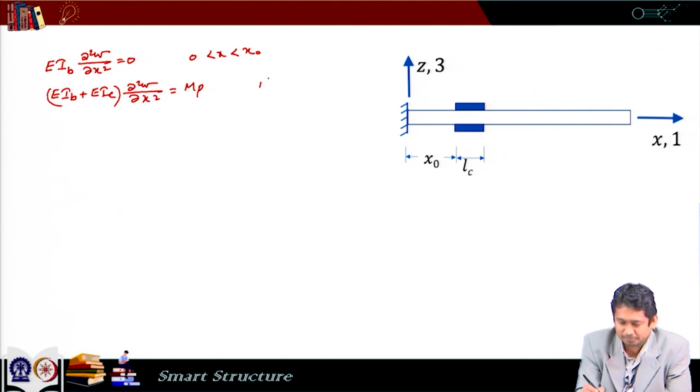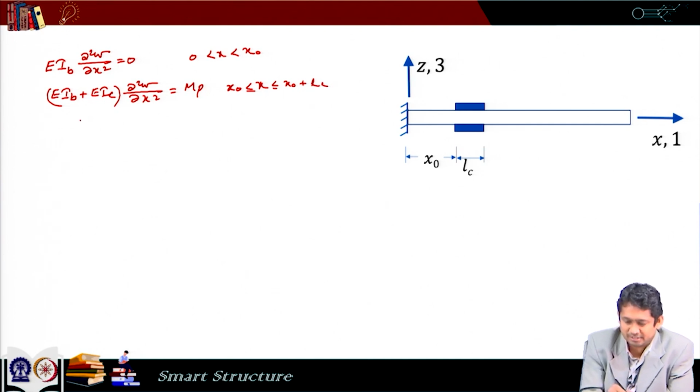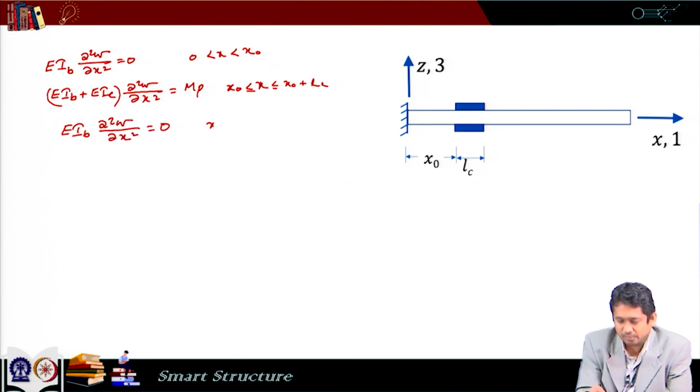Let us say that our MP is 0, and this is valid when x is between x0 and x0 plus LC, and then we have EIB del 2 W by del x2 is equal to 0 when x is greater than x0 plus LC.